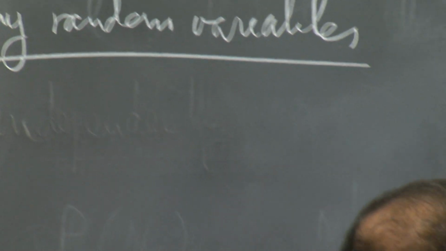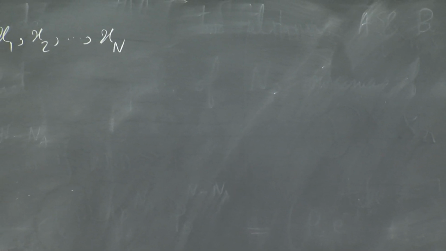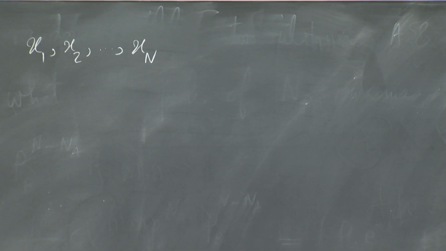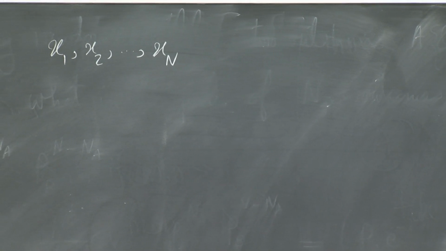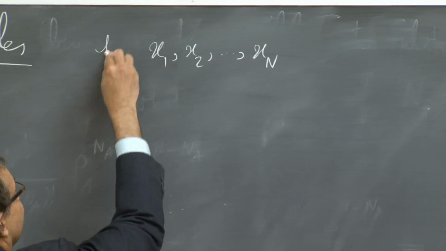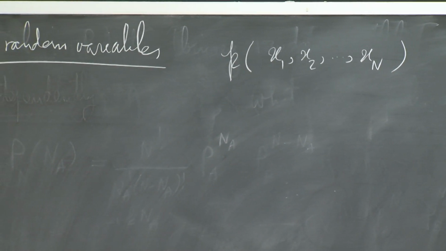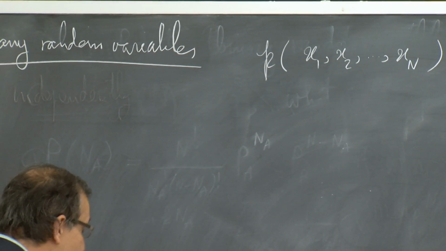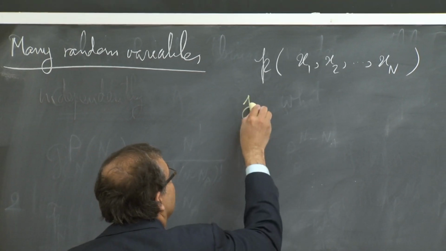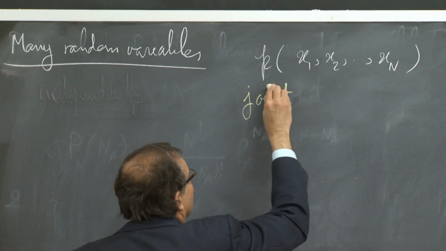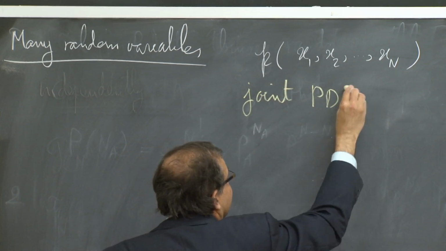Let's be precise. Let's end it at xn. And if these are distributed, each one of them continuously over the interval, to each point we can characterize some kind of a probability density. So this entity is called the joint probability density function.